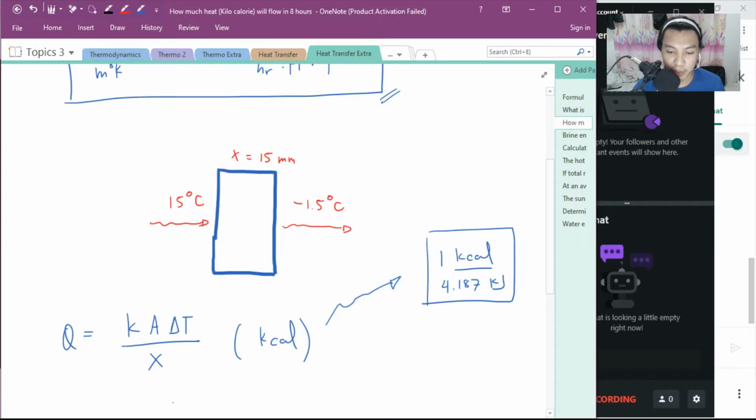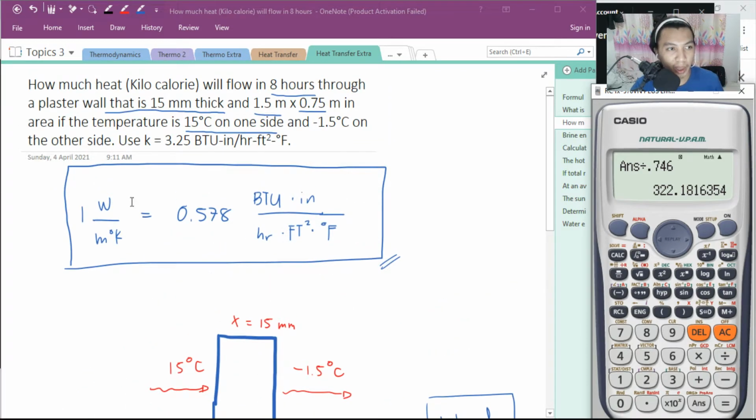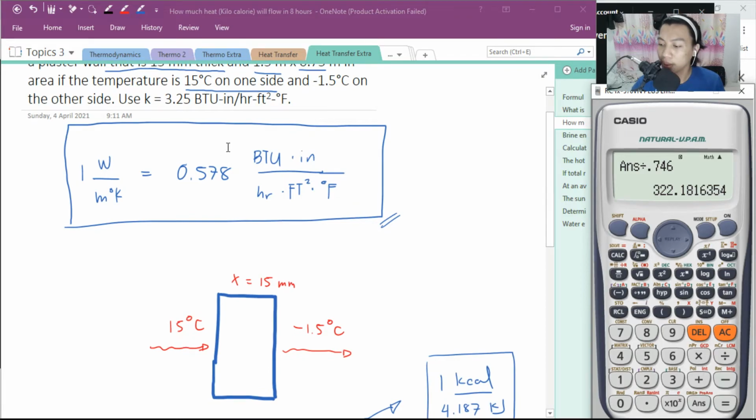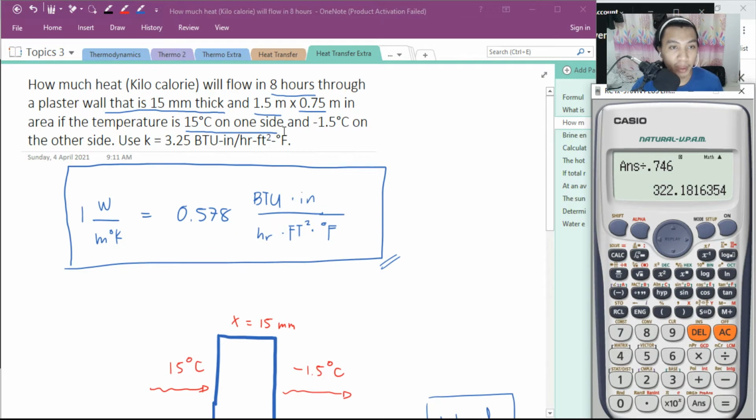So, for number 2, okay, number 2. How much heat in kilocalorie will flow in 8 hours through a plaster wall that is 15 millimeters thick and yung area niya is 1.5 by 3/4.